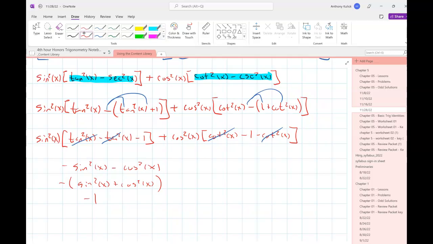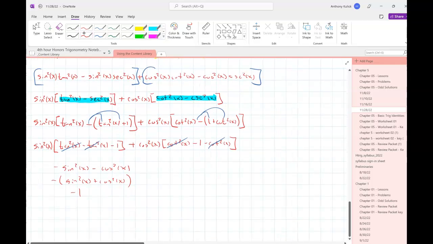I think a couple of us did this right, taking everything in terms of sines and cosines, and it was a lot of steps. But that wasn't so bad if you factored at the start. Again, the point of this was to remind you to look for the algebra stuff.